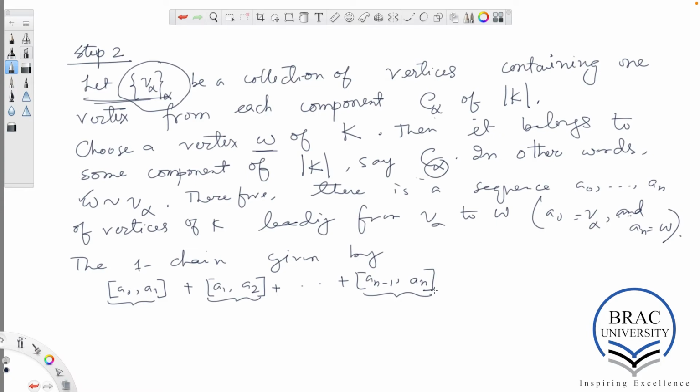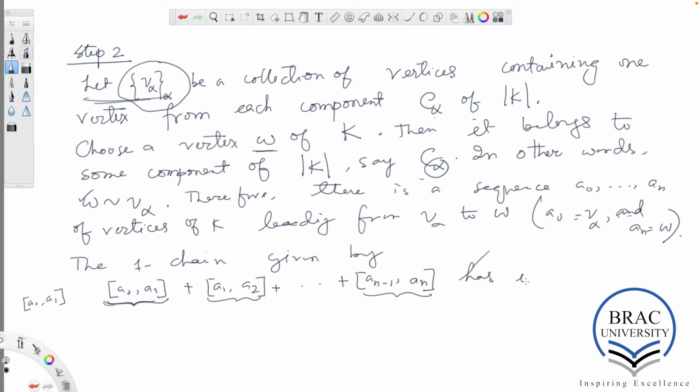So this elementary one chain has value 1 on the one simplex A0, A1 and elsewhere 0, right? And what is the boundary of this one chain?